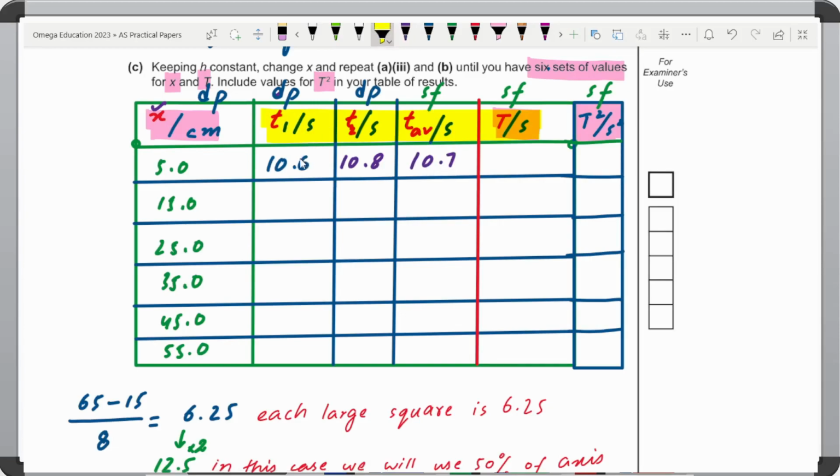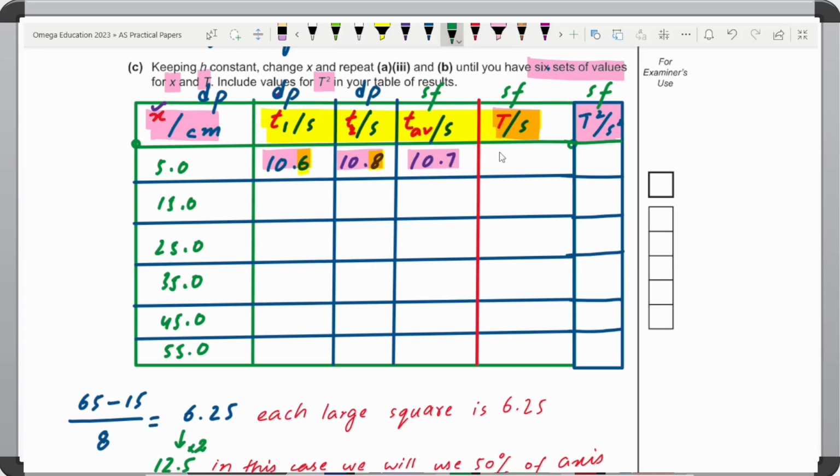The stopwatch reading is recommended to be written to one decimal place. But for T average, we don't look for the decimal places, we look for the significant figures. 3SF. So this one also 3SF.